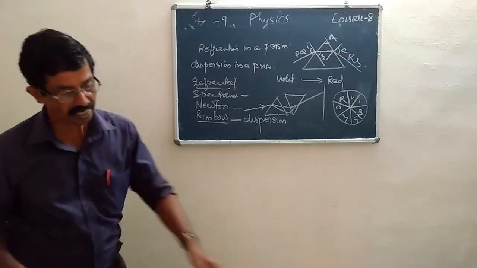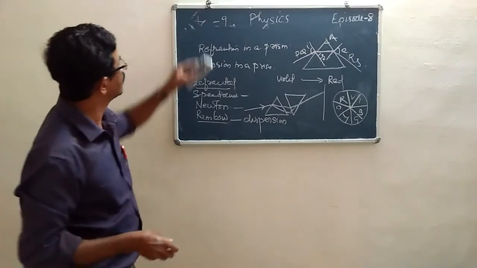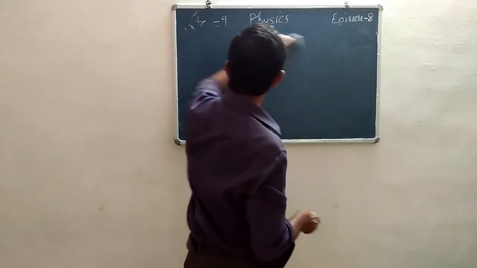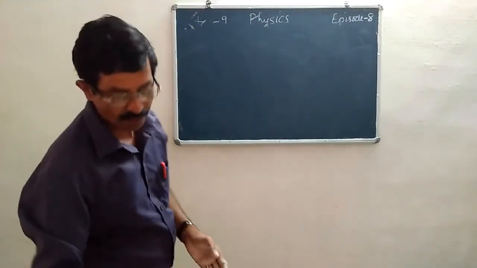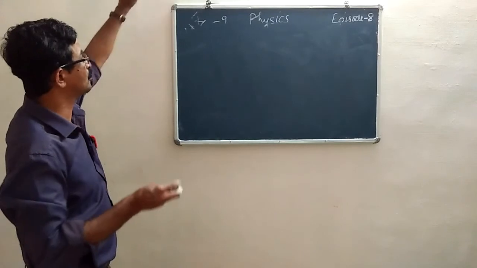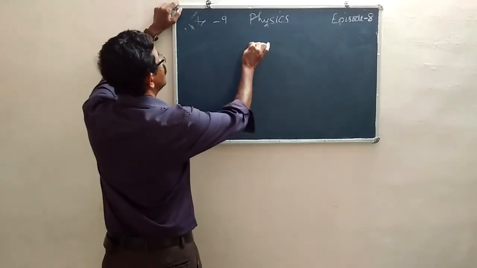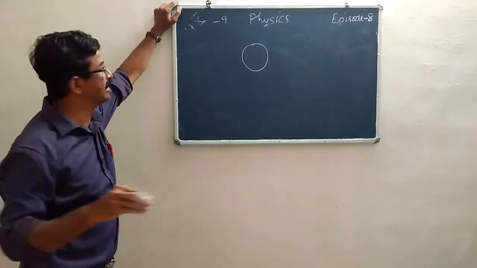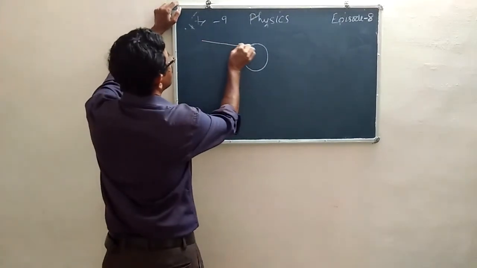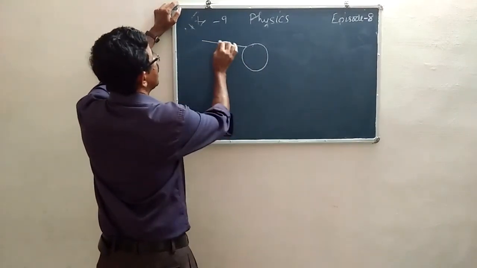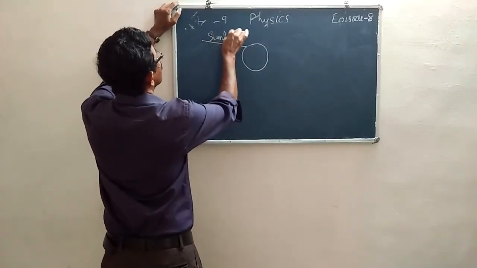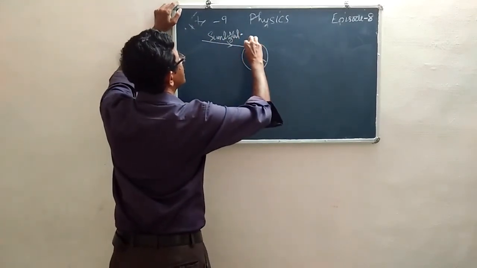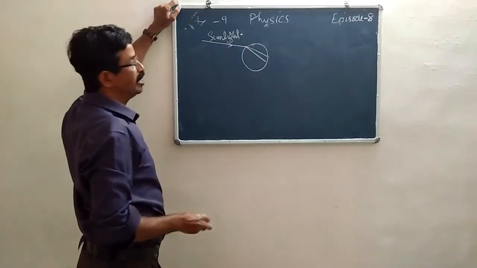Now, how do we get a rainbow in a raindrop? Just after a rain shower, the atmosphere is filled with a million droplets of water. When we consider one droplet, what things are happening there? Sunlight is incident there, and at first there is refraction.